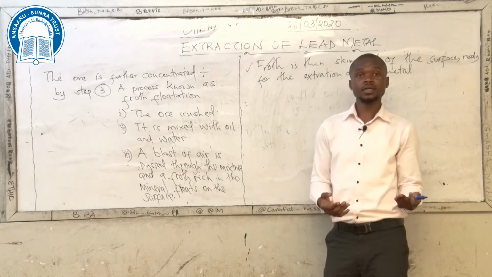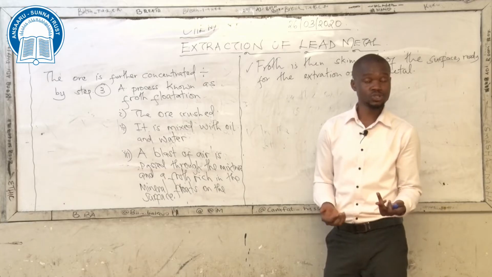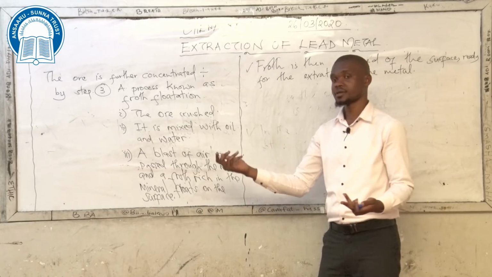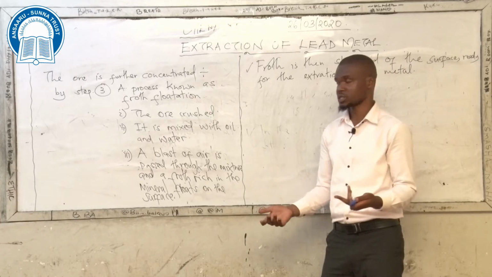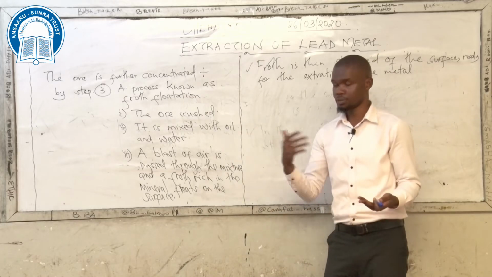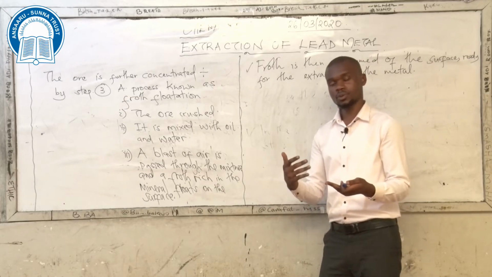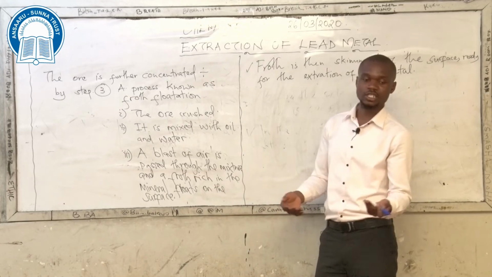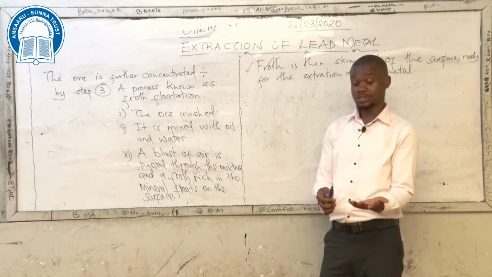In the preparation, first a magnet is used to attract any magnetic material on the ore. Number two, it is washed with detergent and mixed with oil so as to remove some of the materials.